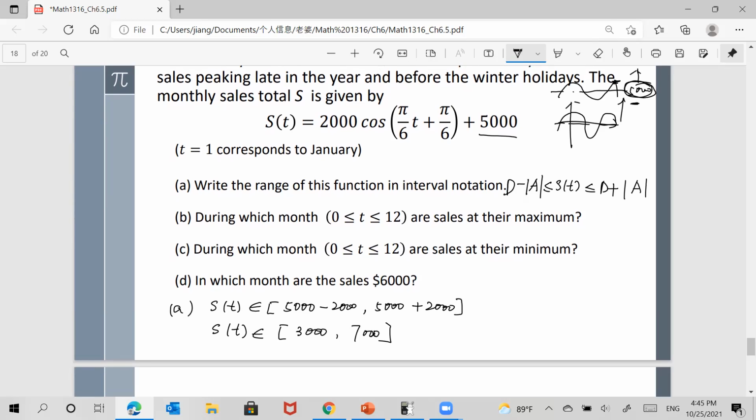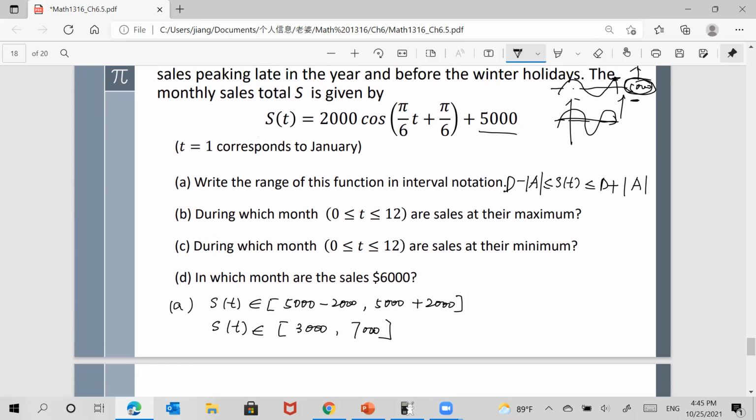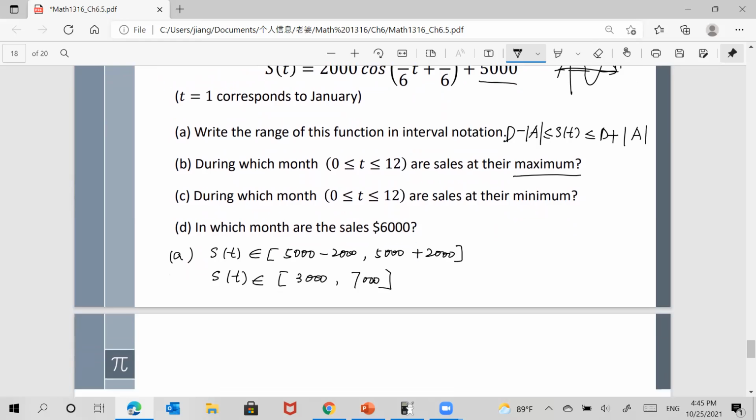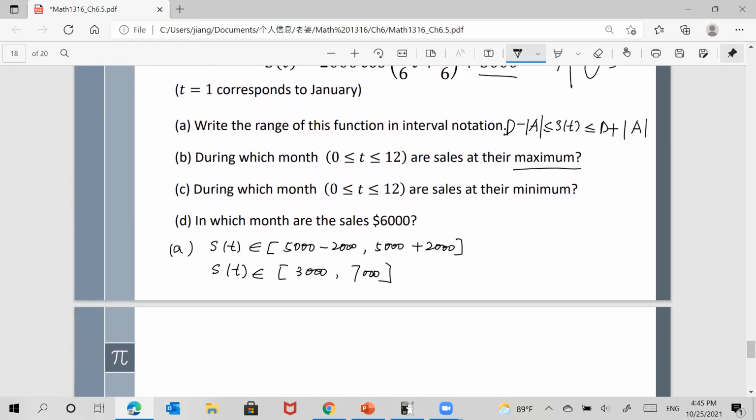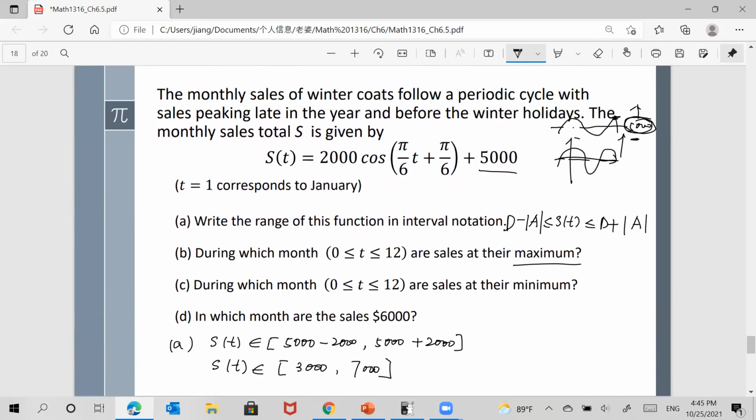This is the range for this function, this interval. And number B: during which months are sales at their maximum? What's the meaning of this? That means the function approaches the maximum, so S of T equals maximum.